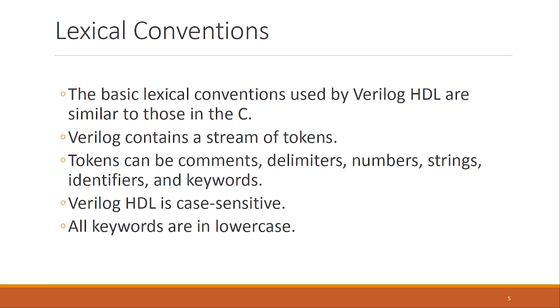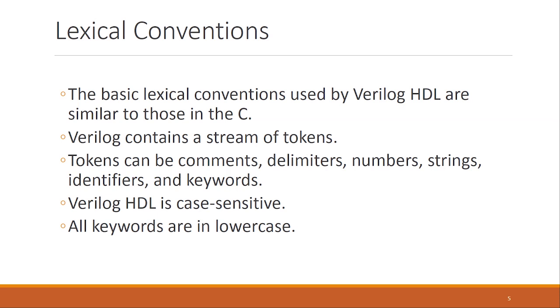Now Verilog contains a stream of tokens. Tokens can be comments, delimiters, numbers, strings, identifiers, and keywords. We'll look at each of them separately a little later. Verilog is also case sensitive, just like C. So when you are defining variables, rather you will use things called wires and registers in Verilog.